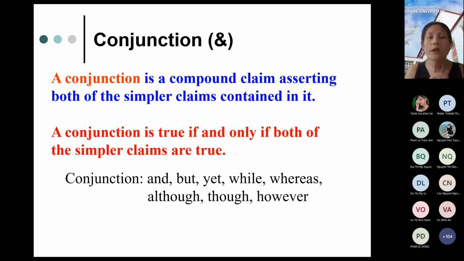And when you have the conjunction relation like this, you need to apply the conjunction rule when you want to list up the possibilities of the conjunction, depending on the value of the variables. Okay, and here we can see that the conjunction rule is: a conjunction is true if and only if both of the simple claims are true.